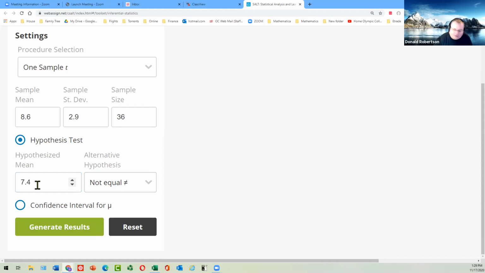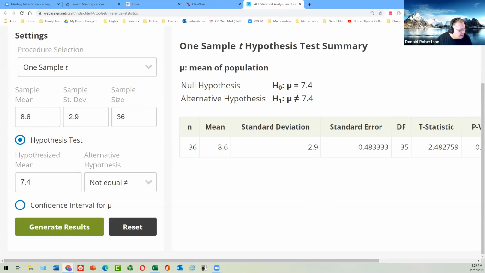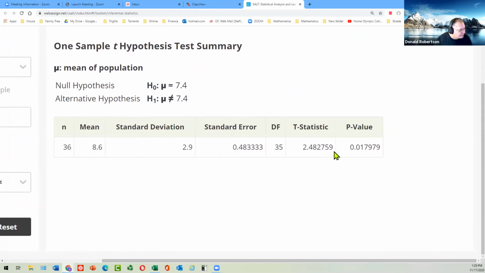So not equal to 7.4. When I hit that, I should get the numbers I need. And they wanted 2 numbers. They wanted the T, which is about 2.48, and they wanted the p-value, which is 0.0179.